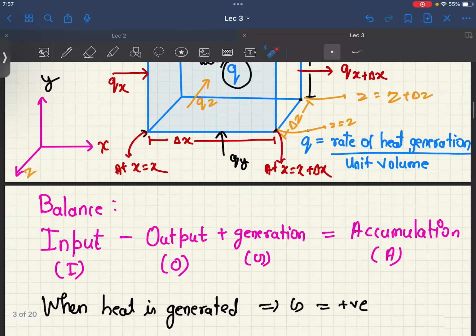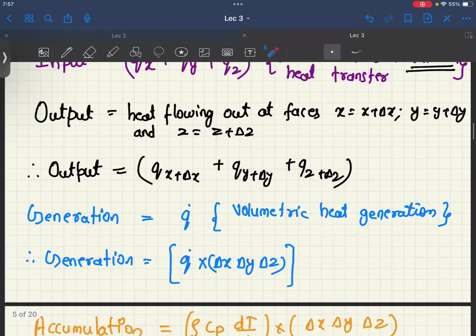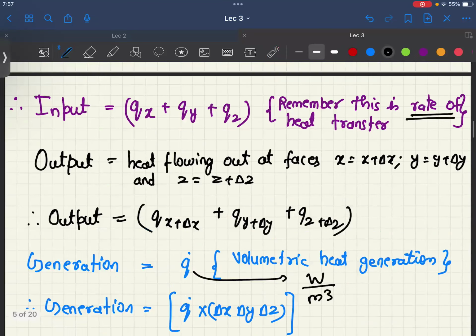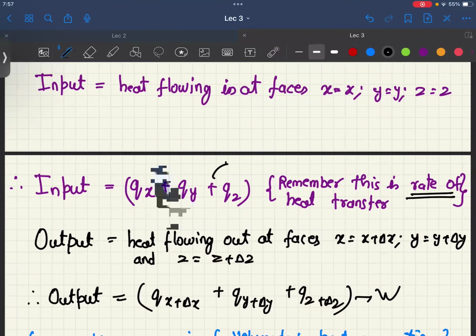तो इसका जो है वॉल्यूमेट्रिक हीट जनरेशन, इसलिए इसको अगर मेरे को रेट पे कन्वर्ट करना है, इसका यूनिट क्या होगा? वैट पर मीटर क्यूब. इसका यूनिट क्या है? वैट. इसका यूनिट क्या है? वैट, बिकॉज दिस इज रेट, राइट?